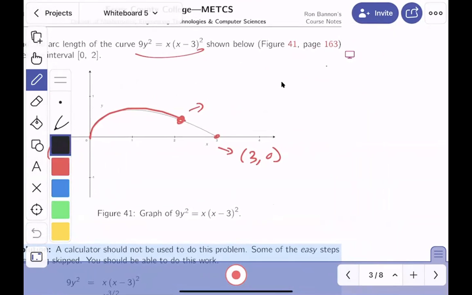So I'm going to write down 9y squared equals (x minus 3) squared.